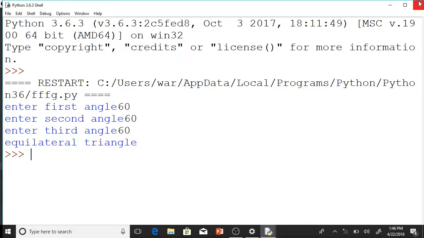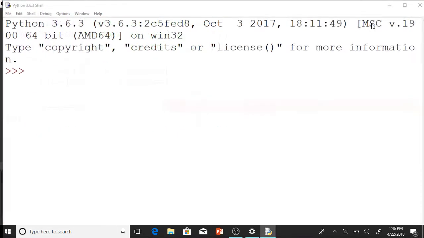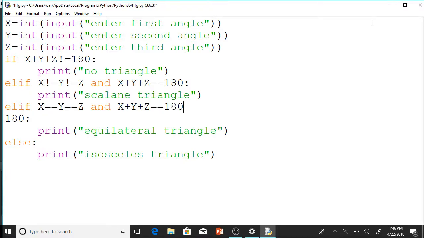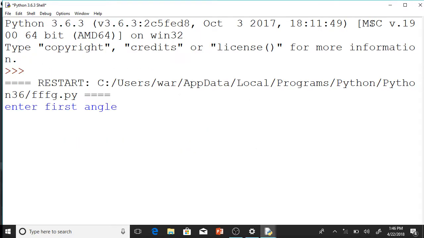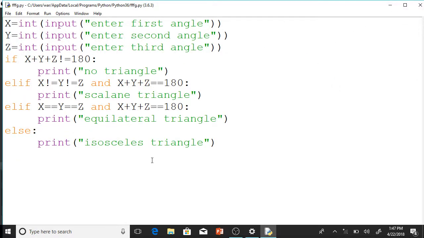Now I'll check 75, 75, and 30. It gives isosceles. Okay, we'll go back now.